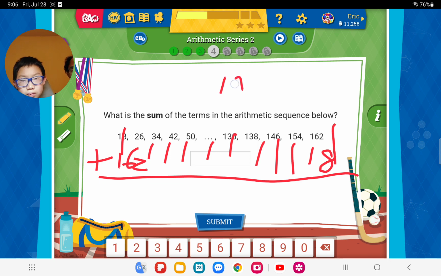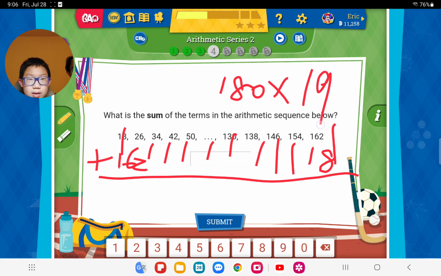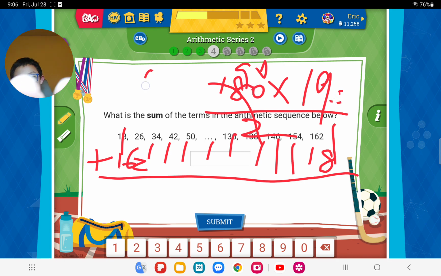So each one is 180. How many numbers? 18 numbers. Then divide by 2. Do you understand this? So this is 90. So it means 90 times 19.